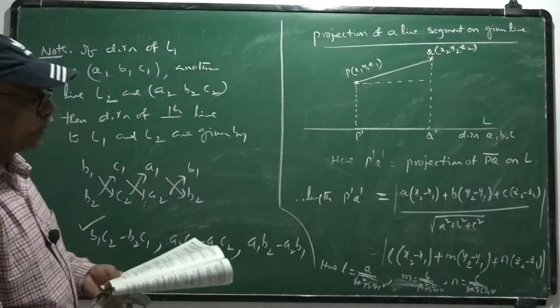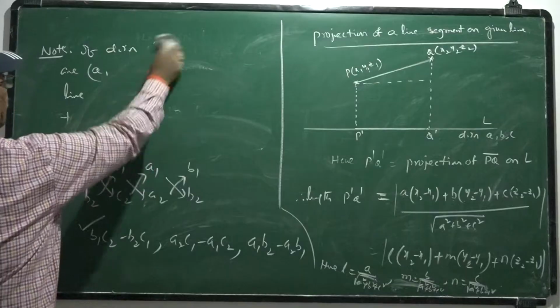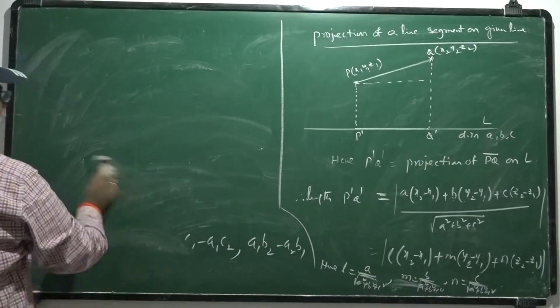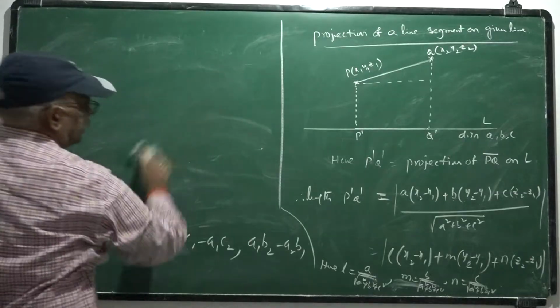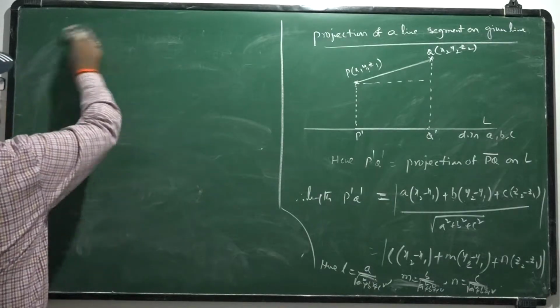These are the DCs of the line. So this is the concept of the length of the projection of a line segment on the given line, whose direction ratios or direction cosines are known to us. Once direction ratios are known, direction cosines can be developed.